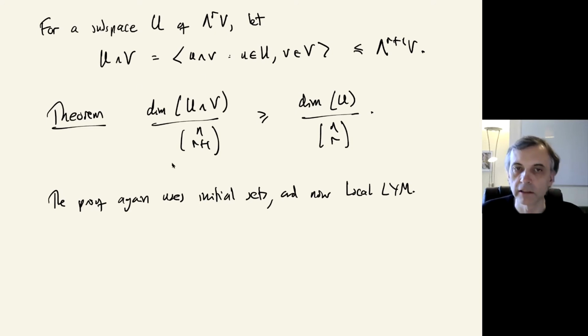So the fraction of the dimension of the whole space that we get in our subspace goes up every time we wedge with V. So it's just like LYM, but in the exterior algebra. Okay, and if I say that the proof again uses initial sets and local LYM, if I gave you some time, you would probably guess exactly how we're going to do it.